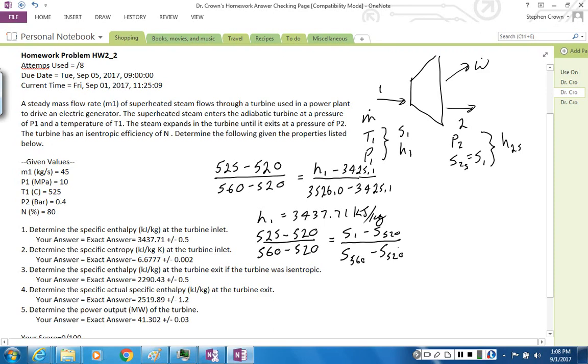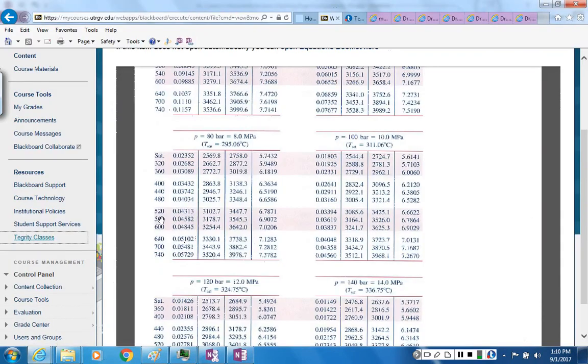And when I do that with the values from the table, at 520, the entropy is 6.6622. At 560, 6.7864.